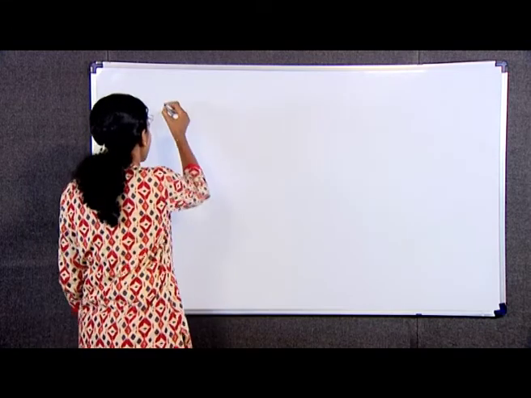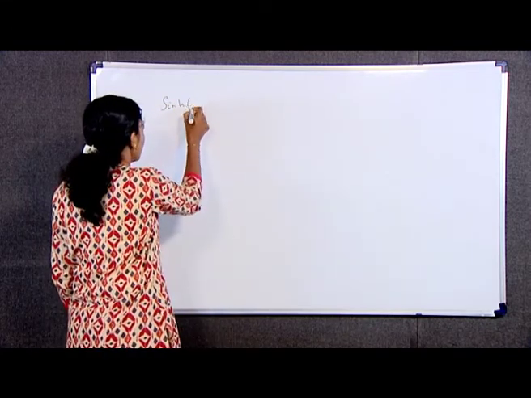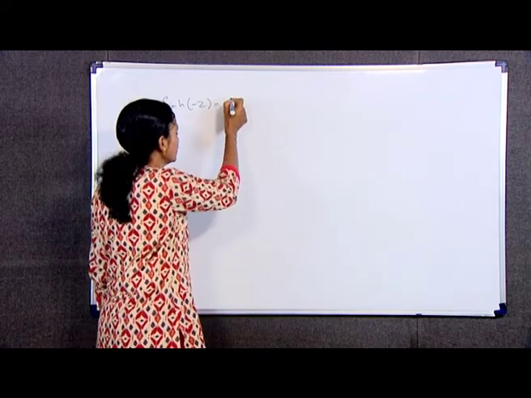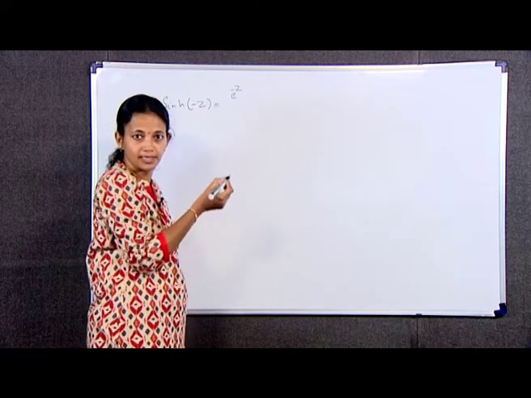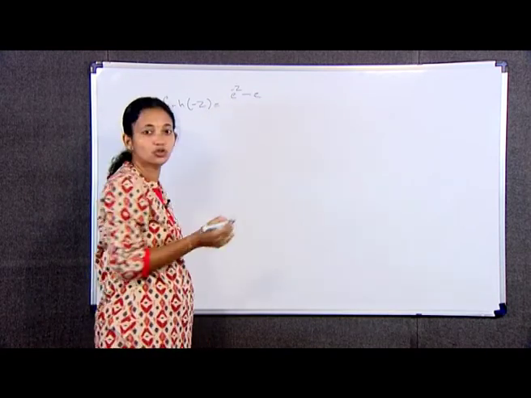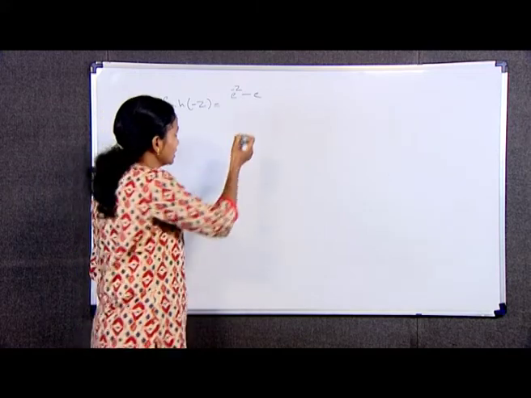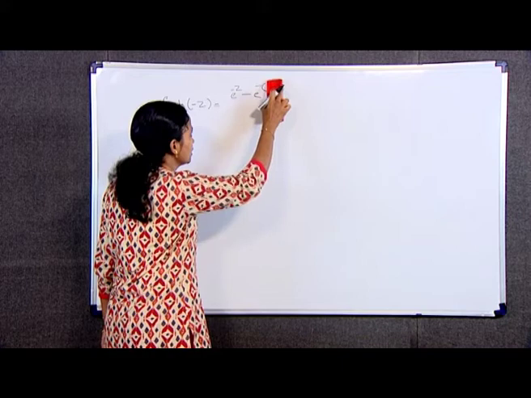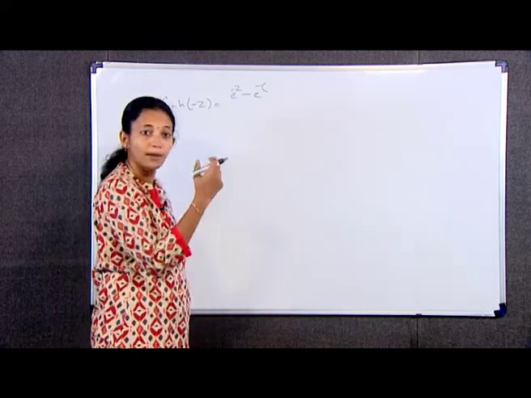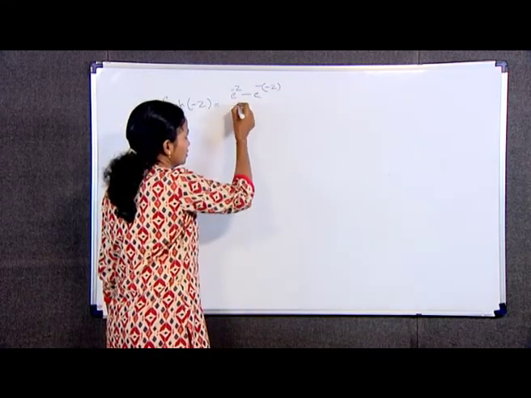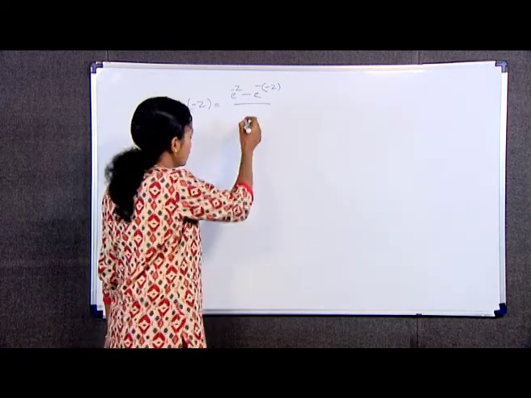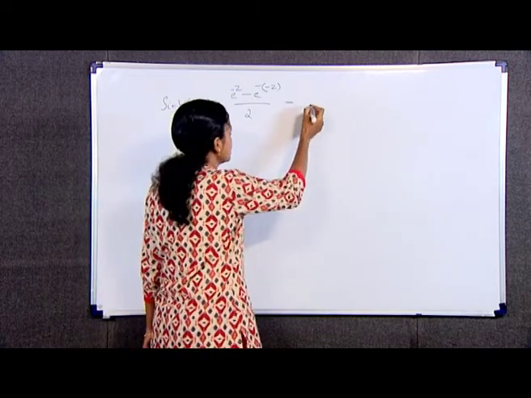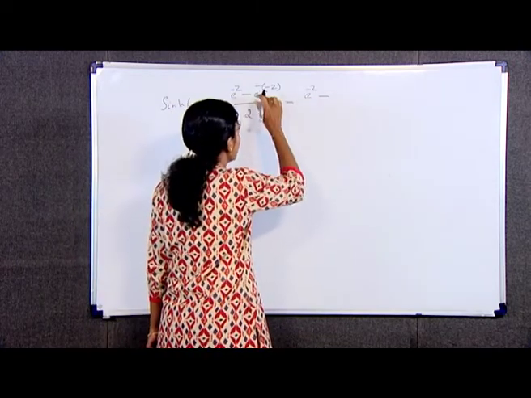sinh of minus z we can write as equal to e raised to minus z minus e raised to minus of minus z, by 2, which is equal to e raised to minus z minus e raised to z, by 2.